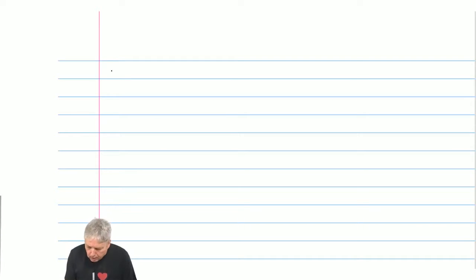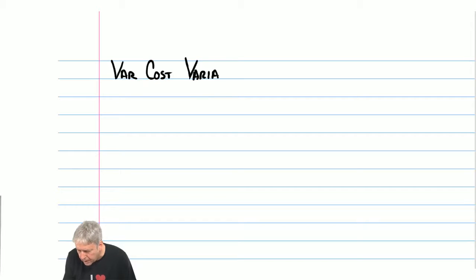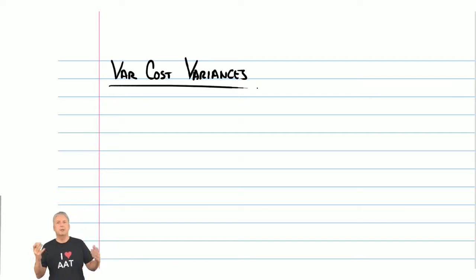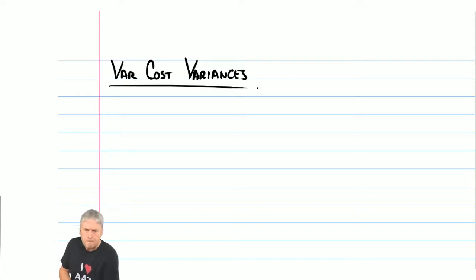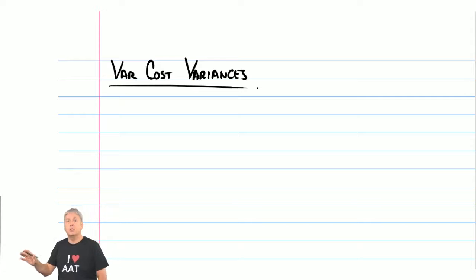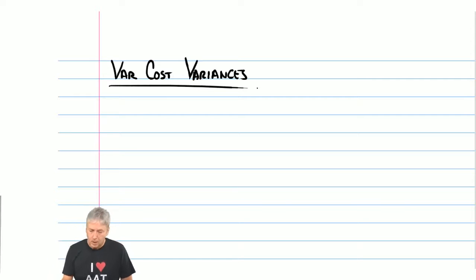So if we were to look at our variable cost variances, there are many different ways of doing this, but having taught them for many years, I know it doesn't look it, I've come up with a technique that I think is by far the most appropriate, regardless of the information that you're given by the examiner. So let's start by looking at materials.